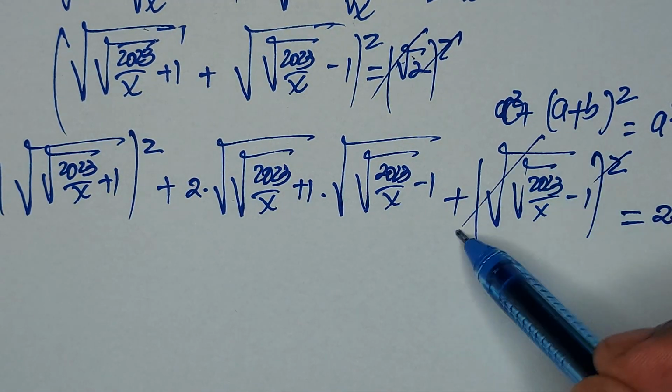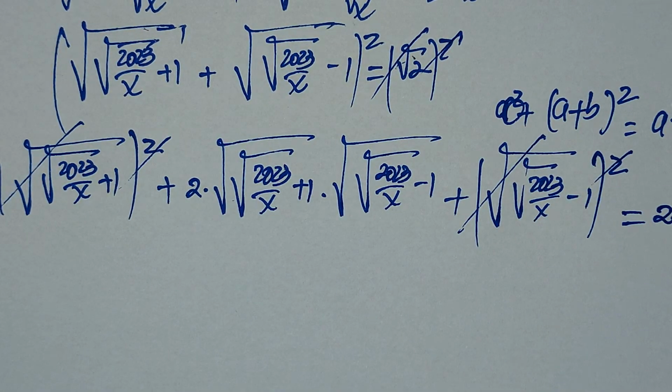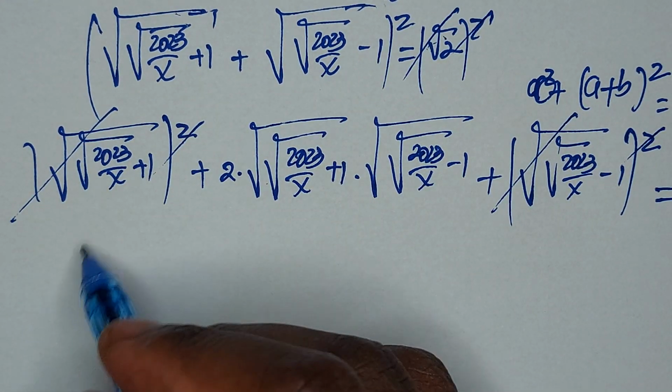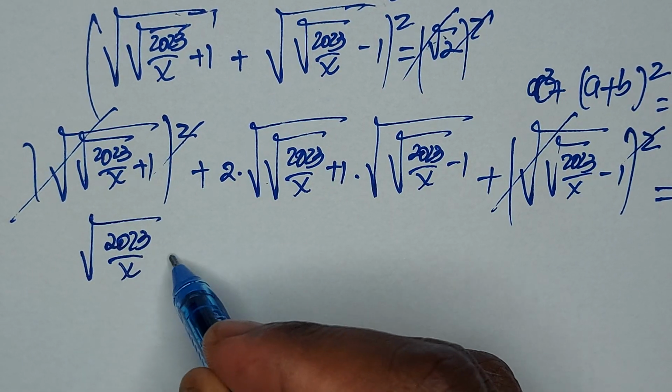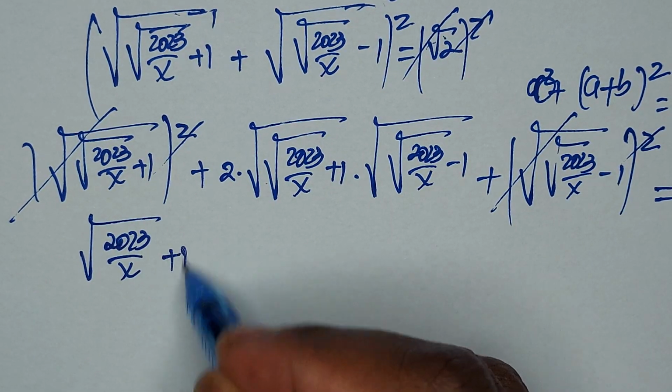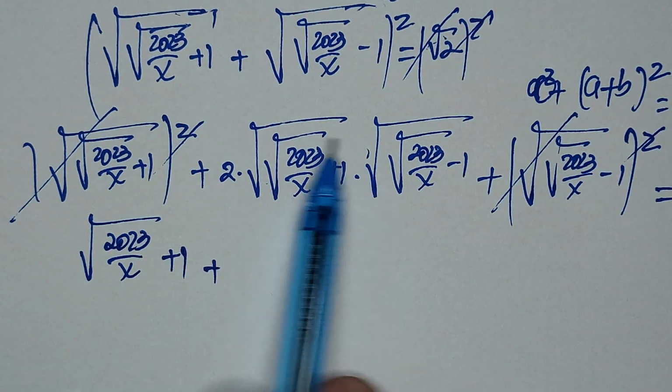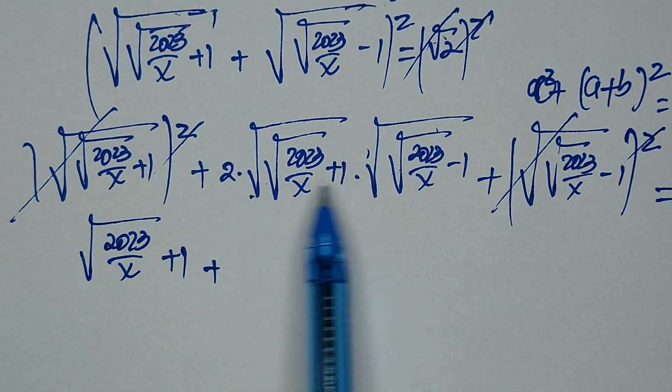So now we can cancel this and this, right? So we would have 23 over x plus 1 plus, looking here, we have this square root and this square root.